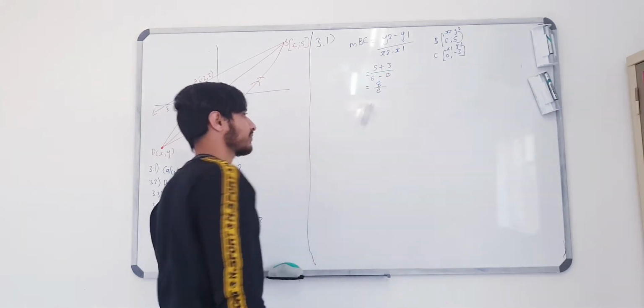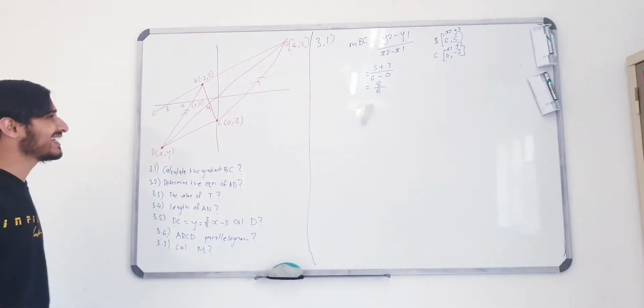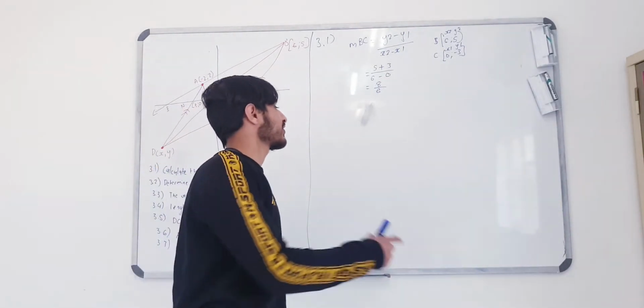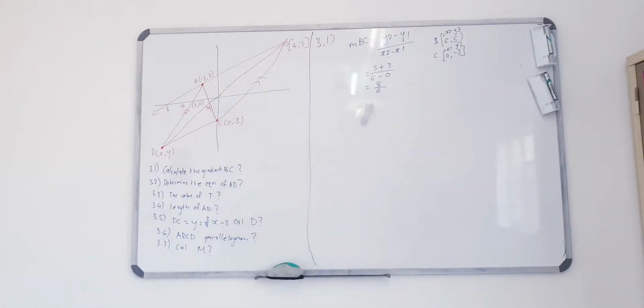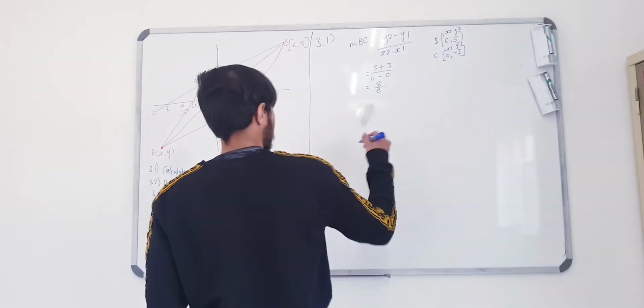That will be our gradient for that specific one. Quite simple, quite easy, not anything difficult. Easy to answer because we had 6 and 5, which gave us 8 over 6. And that's perfectly what we're looking for.